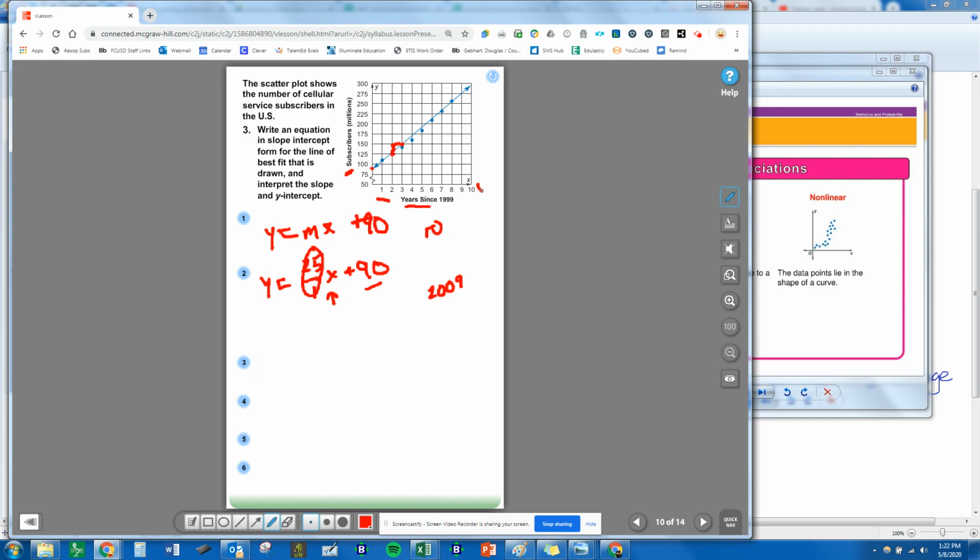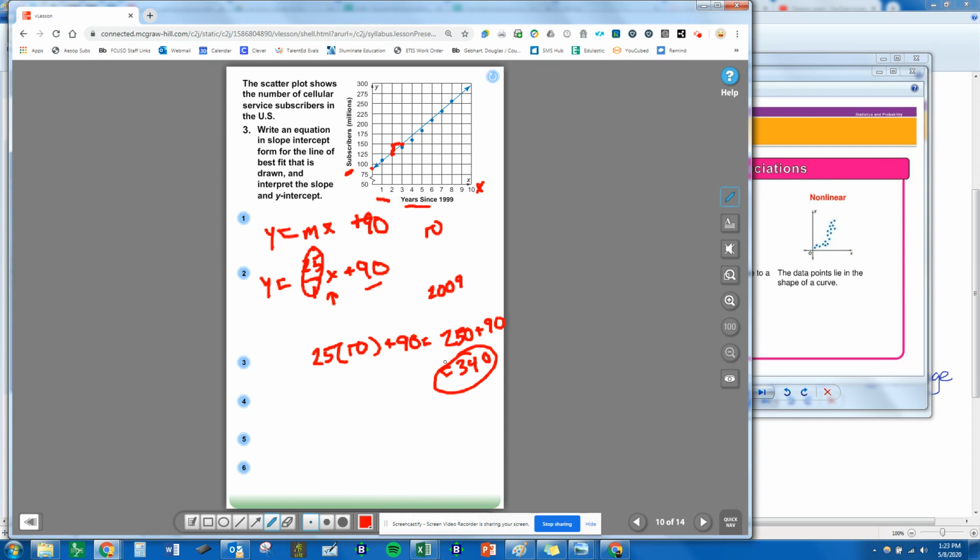Since years are x values, we can just put 10 for x, do 25 times 10 plus 90, and we should get a prediction for 2009's subscribers. So 25 times 10 is 250, plus 90 equals a total of 340 million.